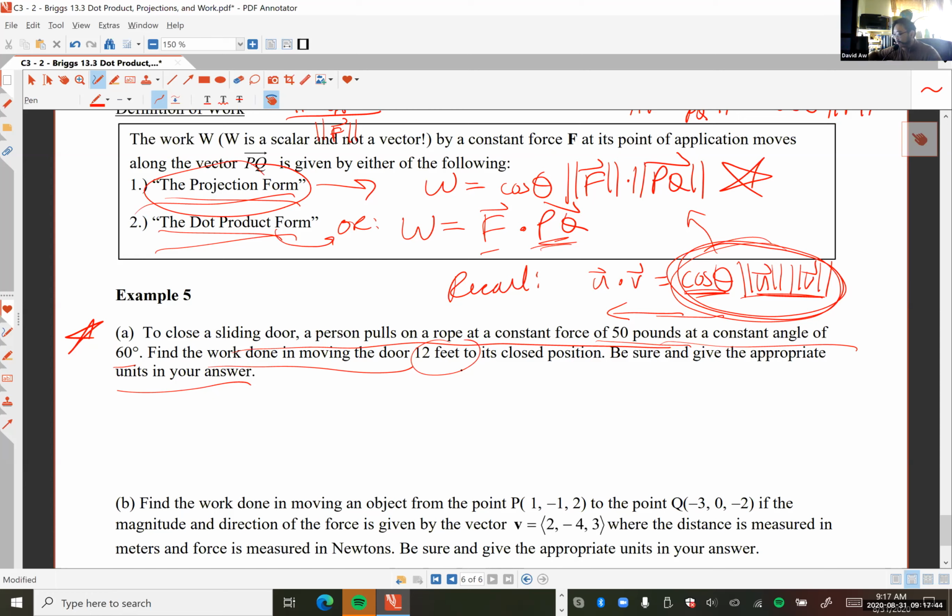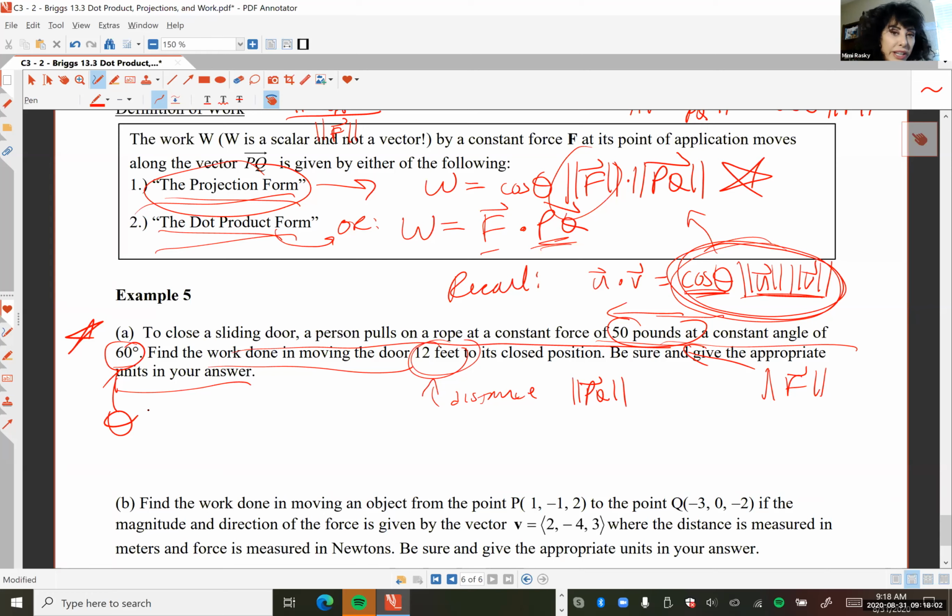Because they gave you the distance, which is basically the magnitude of PQ. They gave you the magnitude of the force, that's 50 pounds, and they gave you an angle. There's your theta. So you have all the ingredients to bake this cake. The work done on the door is going to be the cosine of 60 degrees times the force, that's a 50-pound force, times the distance, in this case 12 feet. And then what is the cosine of 60?